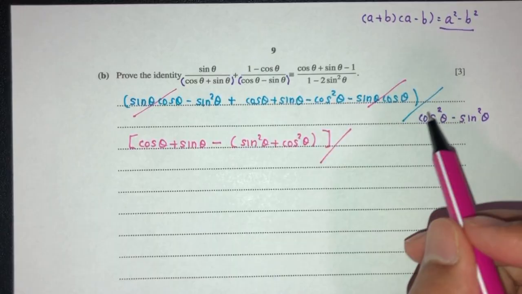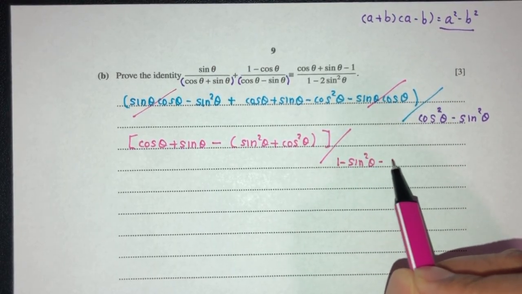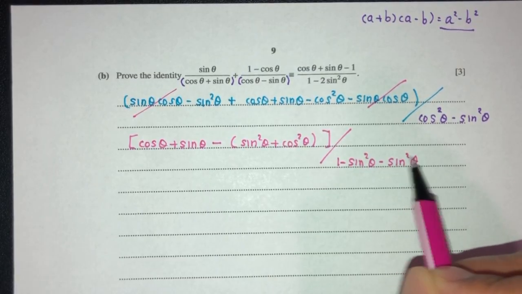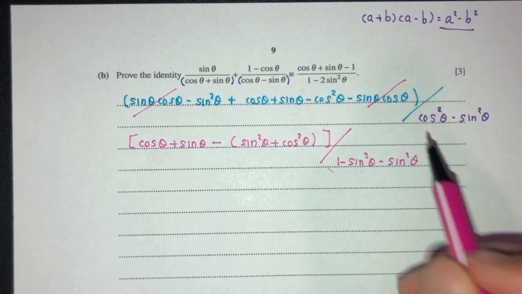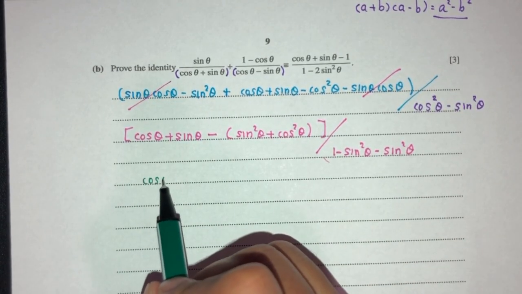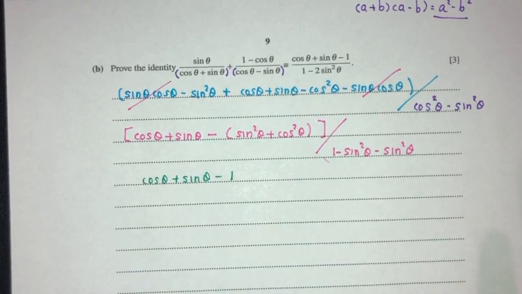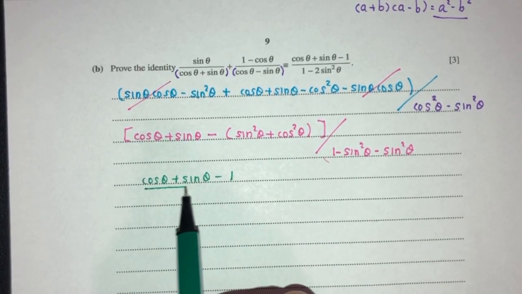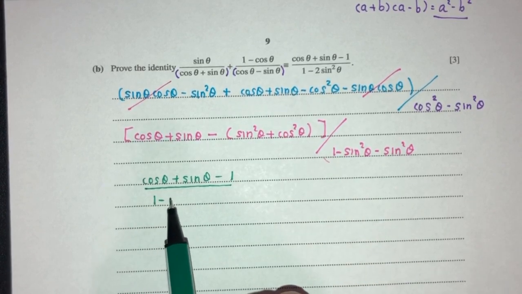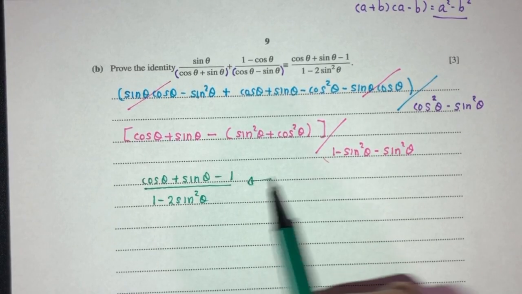I can change that to 1 minus sine square theta minus sine square theta. Now simplify. That will be cos theta plus sine theta minus 1, divided by 1 minus 2 sine square theta. Shown as required for 3 marks. Done.